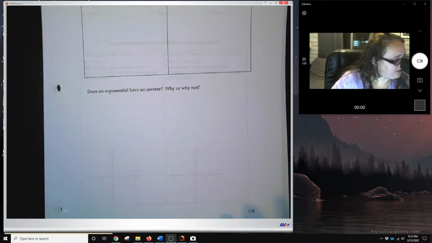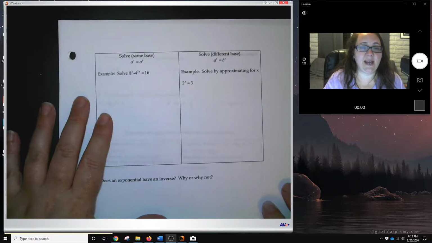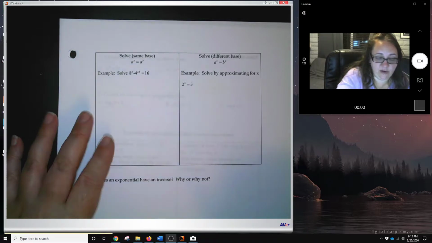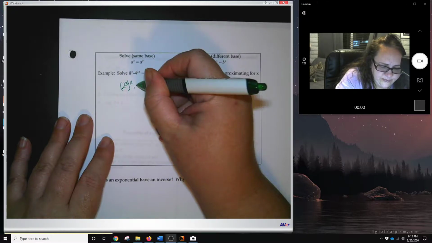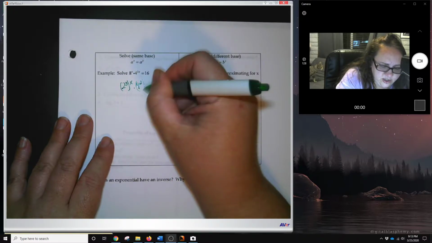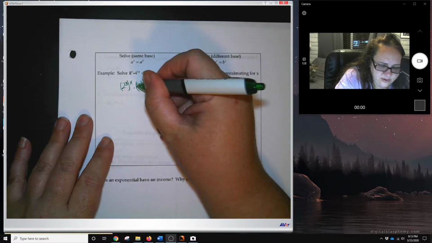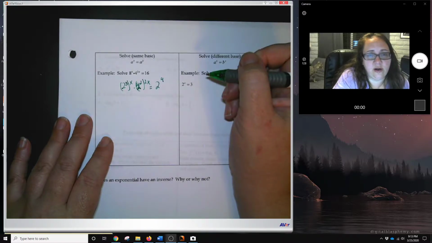Okay, so we talked about solving these exponential equations last time, so we're going to try to get bases of the same. 8, 4, and 16 can all be written in base 2, so this would be 2 to the 3 to the x times 4 to the 2 to the 2x equals 2 to the 4.